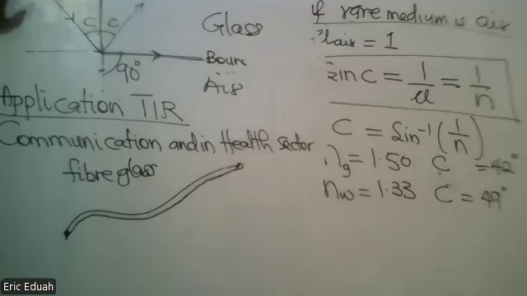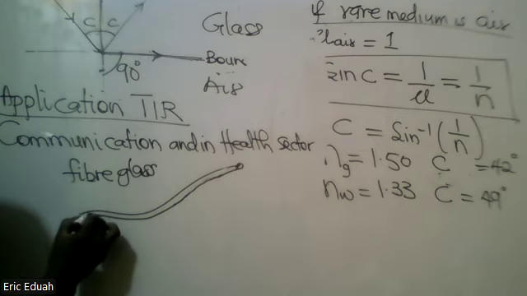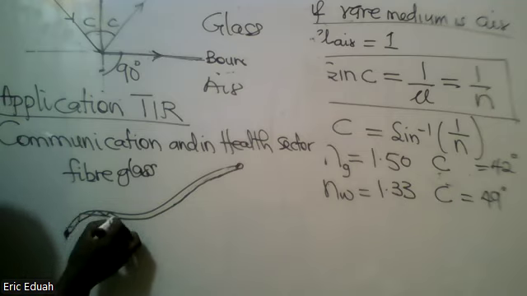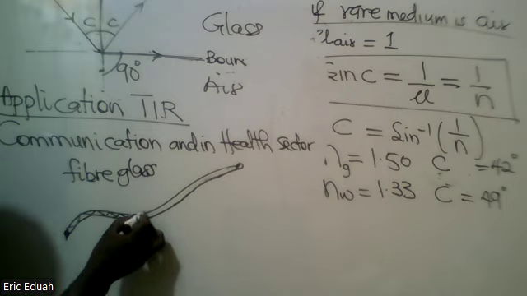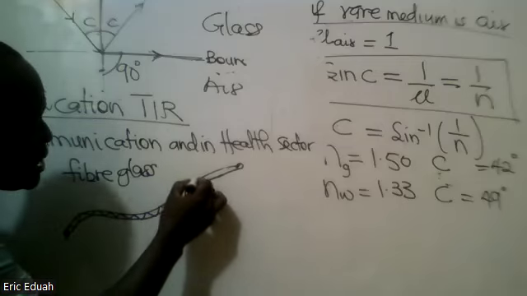So once you have an idea of the critical angle of glass, what you need to do for total internal reflection is that the angle of incidence must be greater than the critical angle of the material, and the light is transmitted with total internal reflection on and on and on at a greater speed.